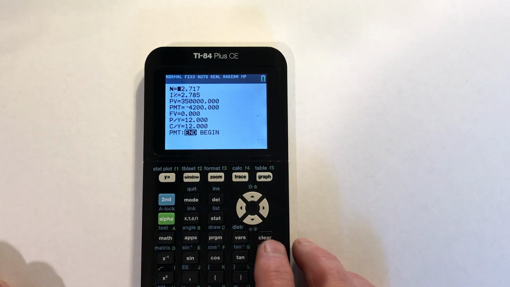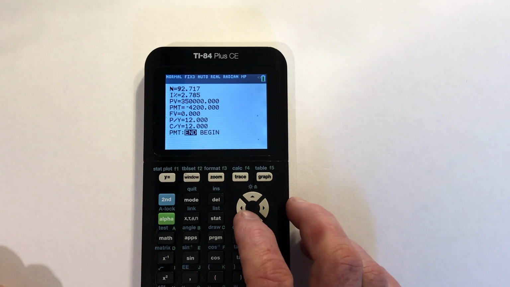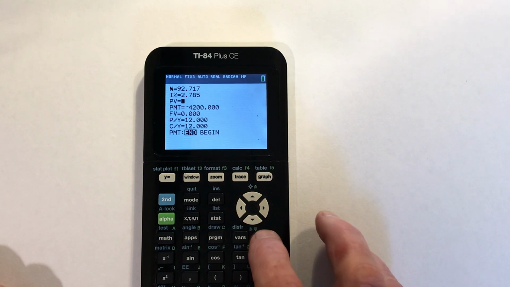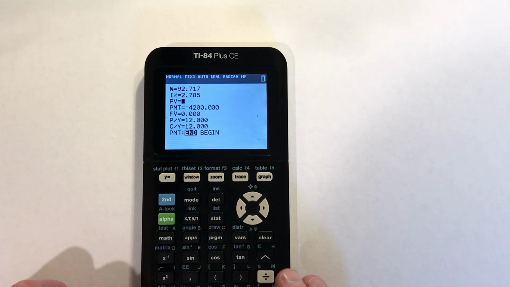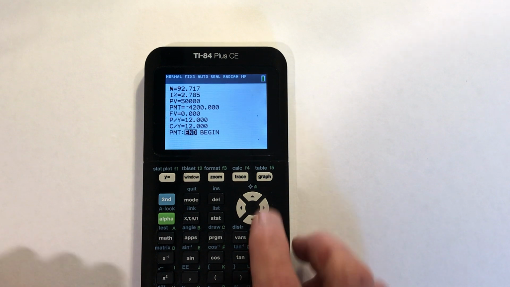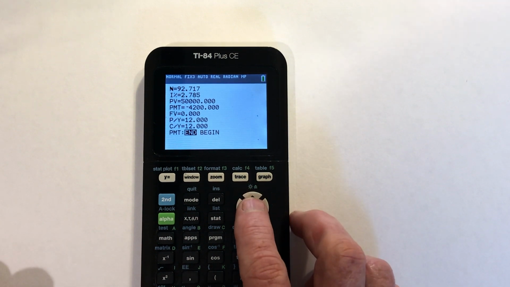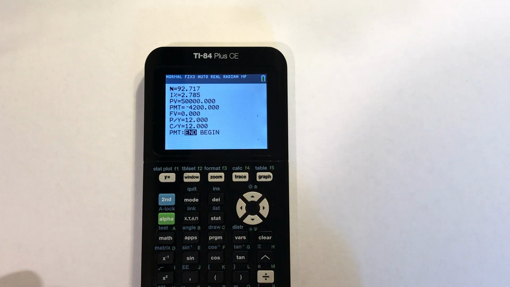So let's say that you are going to buy a car. The present value of the car, let's say you're going to go fancy and you're going to borrow $50,000 for a nice fancy car. These days the interest rates are pretty high, but let's say you've got excellent credit, so you get a 5% interest rate.